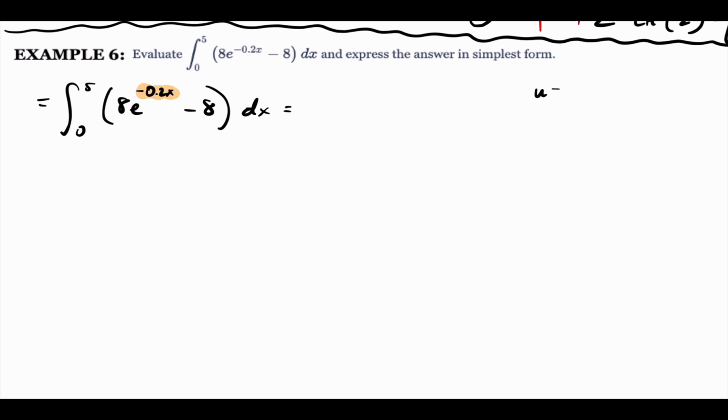More than likely, that's going to be the u. It's not going to be e to the whatever, it's going to be just the power. So the derivative of that is negative 0.2 dx, divide by negative 0.2.